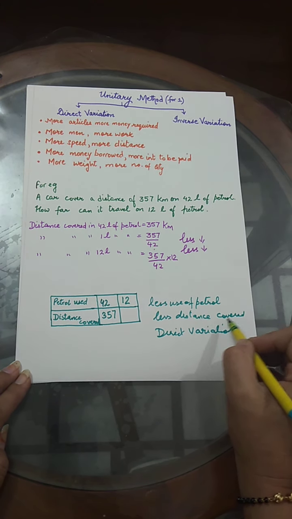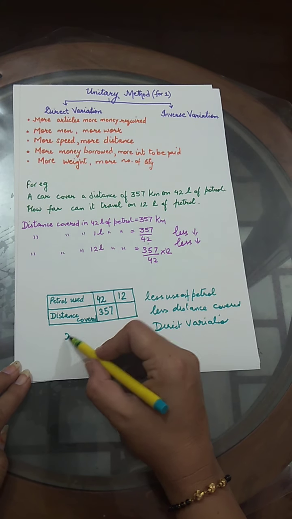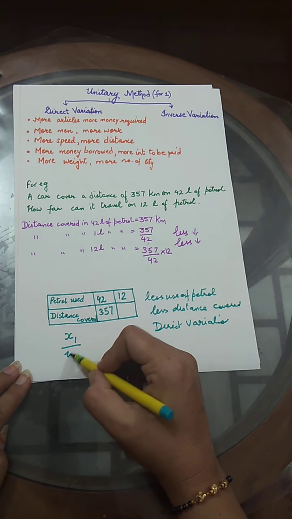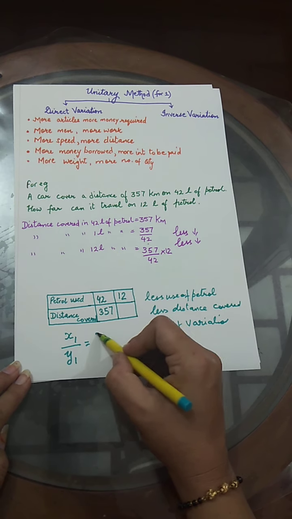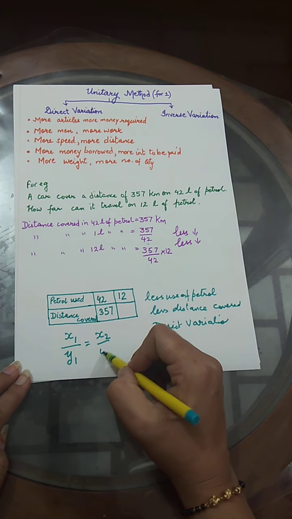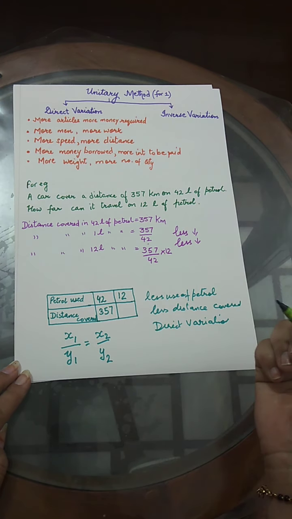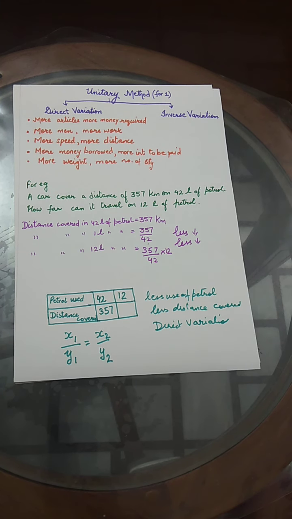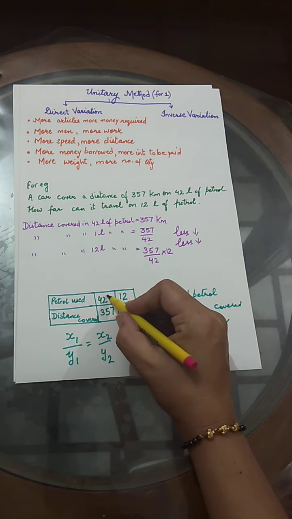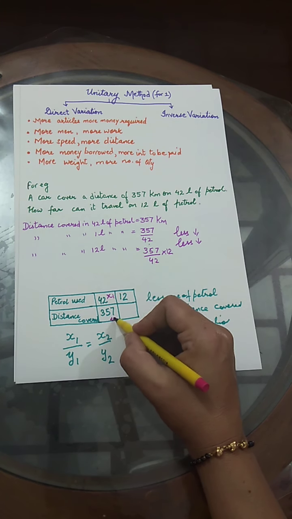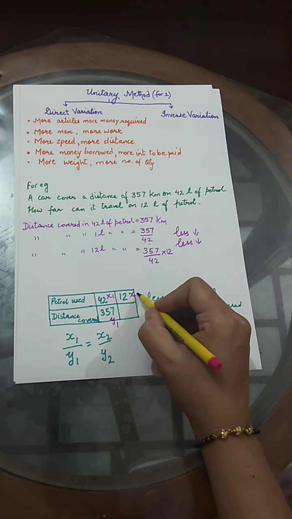Whenever there is a direct variation, the formula is x1 upon y1 is equal to x2 upon y2. Now what is x1 and y1? Whatever you write in the table, this first is x1, this is y1, this is x2.